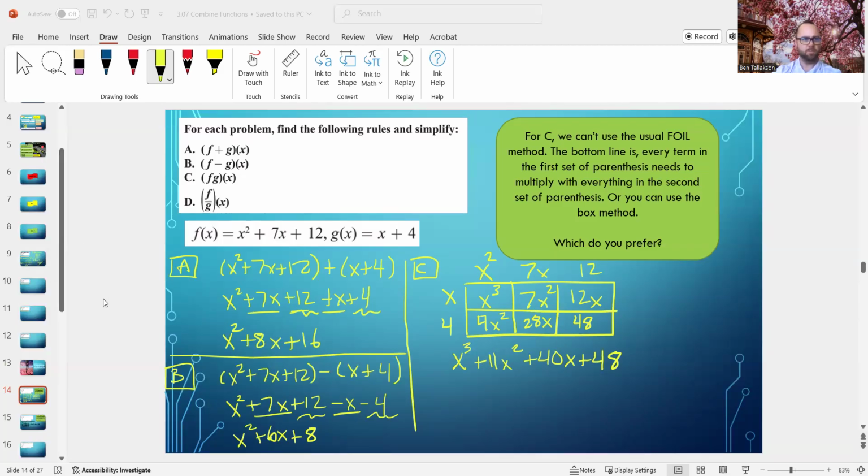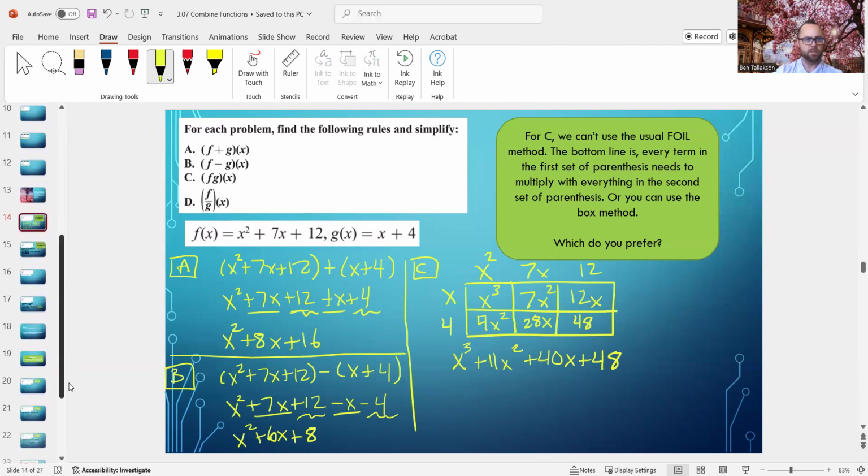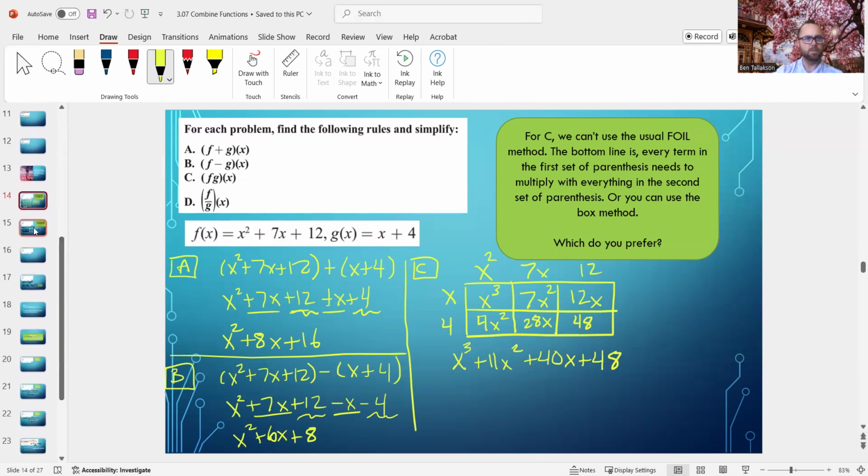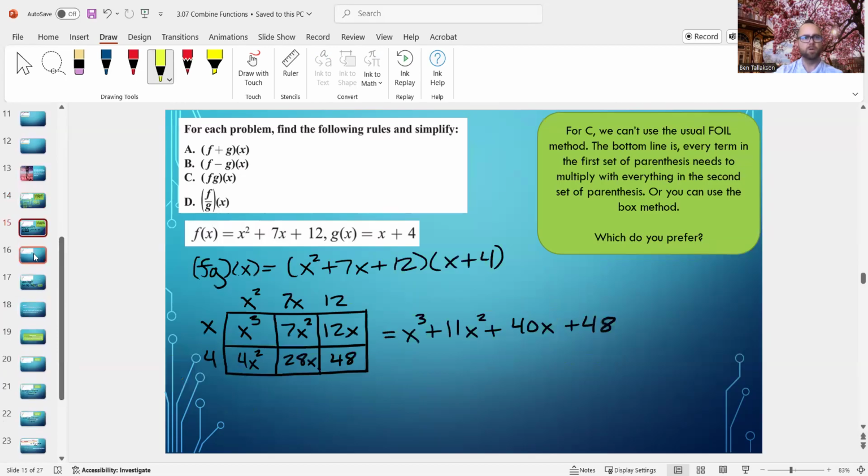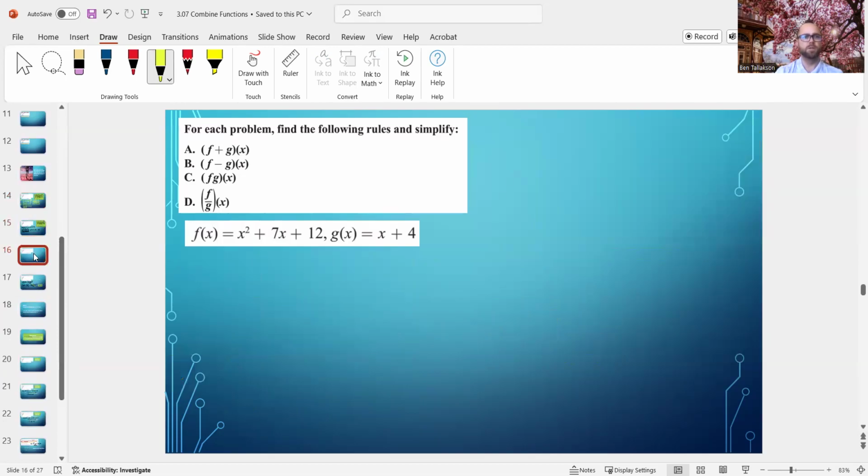Divide. Now I am running out of space very quickly. So let's see if I have more room. Here's more room. Let's do the divide. We have f of x over g of x, and we need to factor this quadratic.